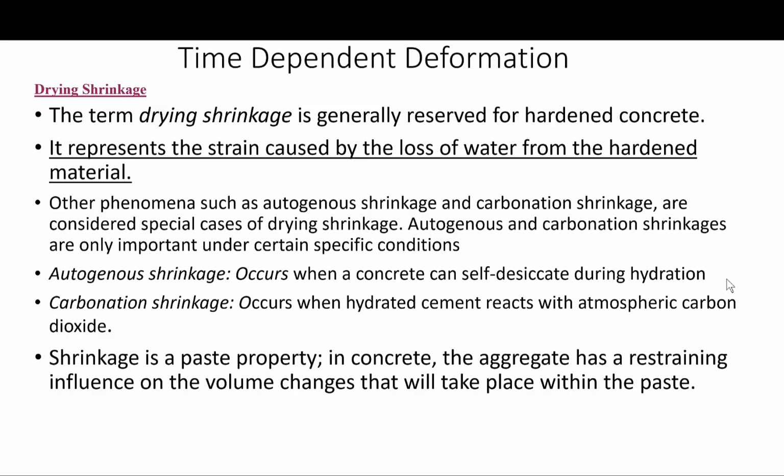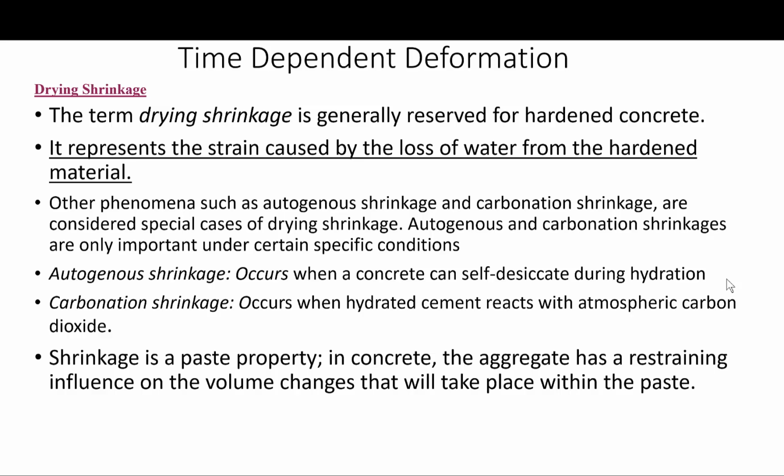If you recall back to the hydration lectures, it can self-desiccate during hydration. This is a special case of drying shrinkage. Also, carbonation shrinkage, which occurs when hydrated cement reacts with the atmospheric carbon dioxide, also can be considered a special case of drying shrinkage.